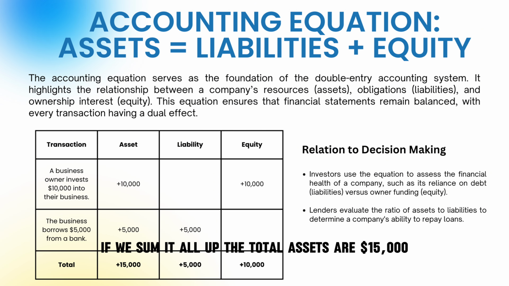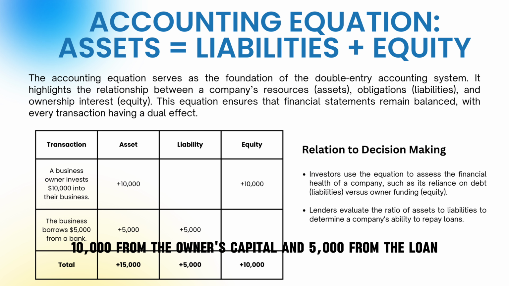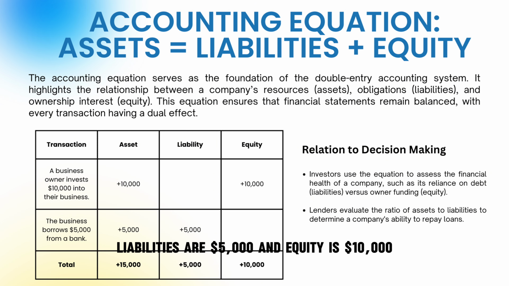If we sum it all up, the total assets are $15,000, $10,000 from the owner's capital and $5,000 from the loan. Liabilities are $5,000 and equity is $10,000. Once again, the equation balances, which is assets equal to liabilities plus equity.